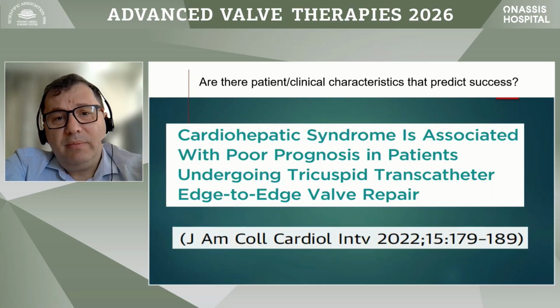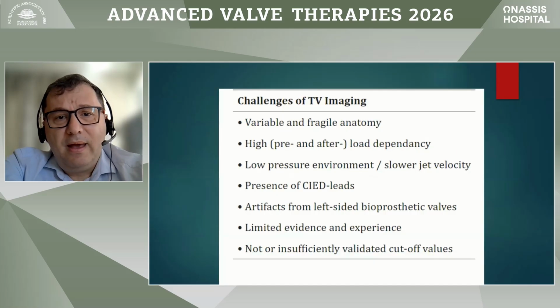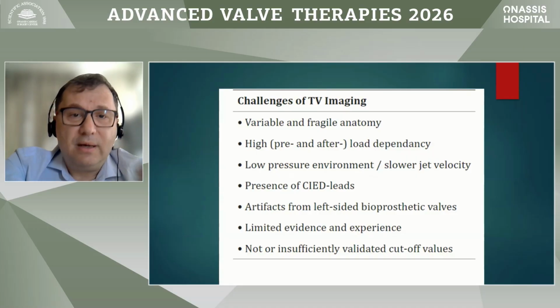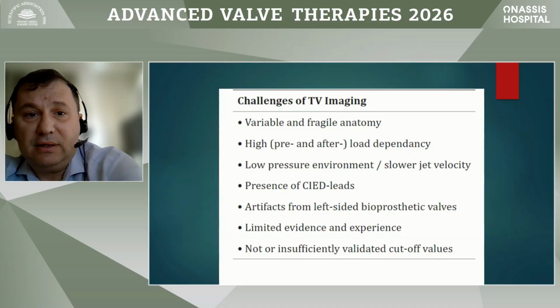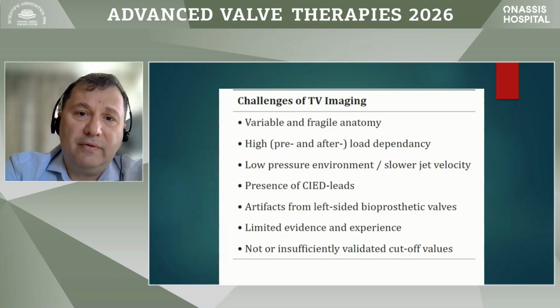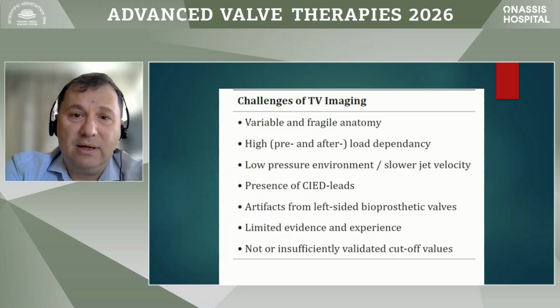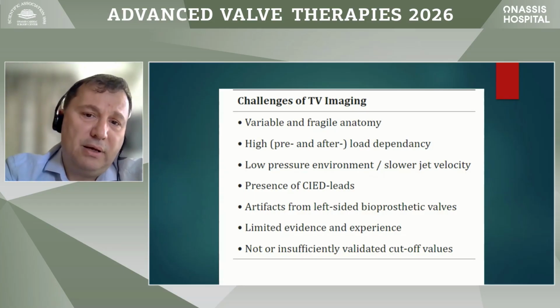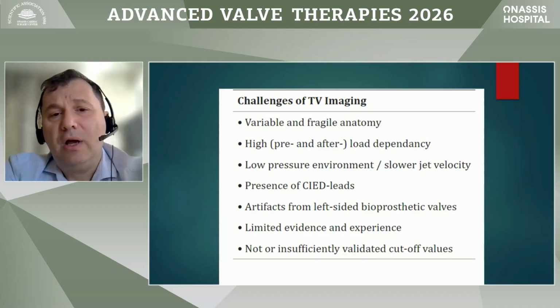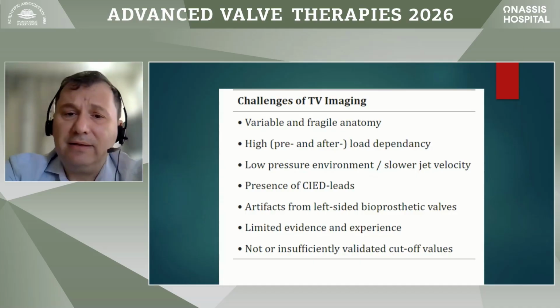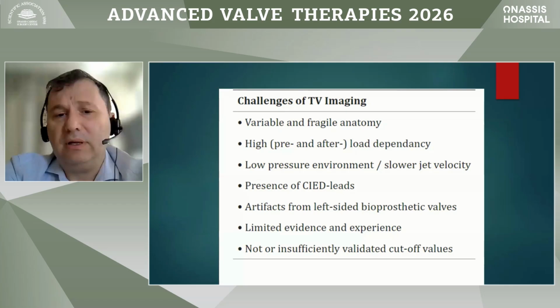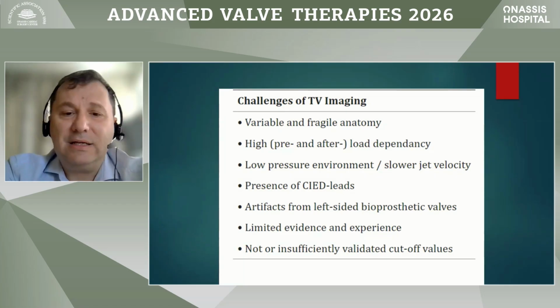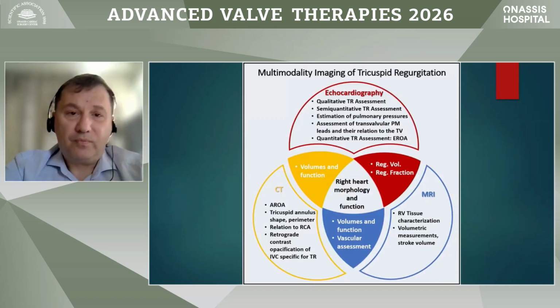We know that cardiohepatic syndrome carries a very bad prognosis, and we know that there are a lot of challenges in tricuspid valve imaging, because it's a very fragile anatomy. It is highly load dependent. We work in an environment of low pressure. A lot of times we have leads, we have artifacts of the bioprosthetic valves, and we have less experience than working on the left side.